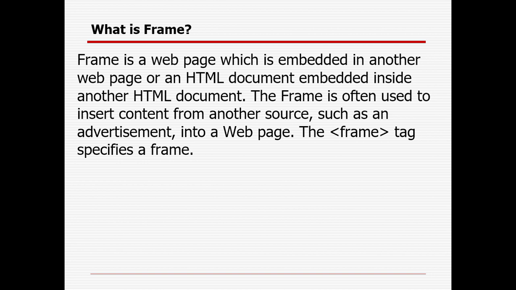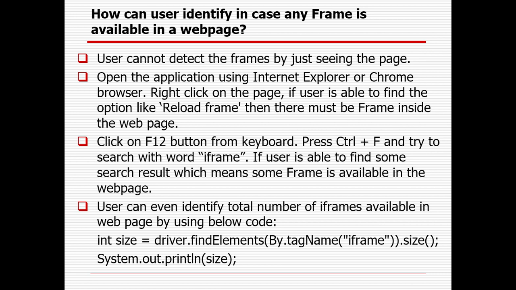The frame is often used to insert content from other sources, such as advertisements, into the web page. The frame tag specifies whether a frame is present in the web page or not. Whenever you are dealing with a frame, the user cannot detect it by just seeing the page. So how can you do it?